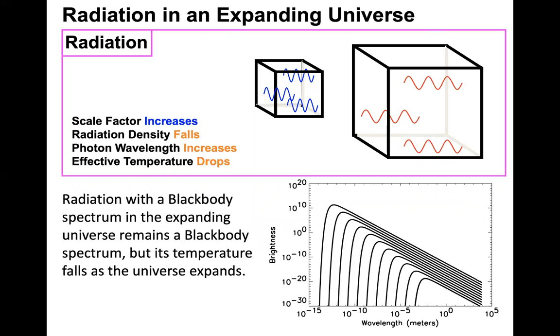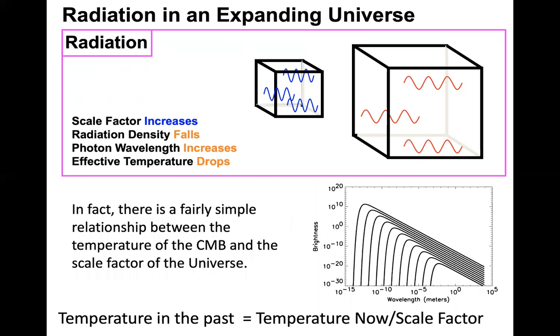What it does is it takes a blackbody spectrum and turns it into a different perfect blackbody spectrum, just at a different temperature. And in fact, the temperature is inversely proportional to the scale factor. So if the universe expands, the temperature of any blackbody radiation in it goes down by the scale factor.